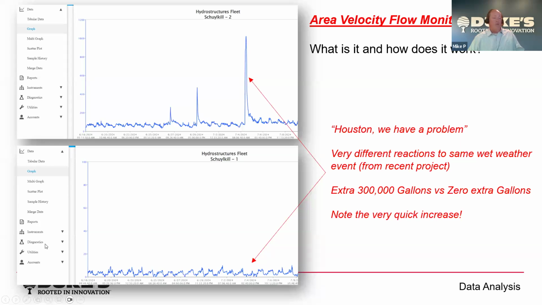That third spike on the top graph represents an extra 300,000 gallons, and the graph on the bottom, from another flow meter, represents 0.